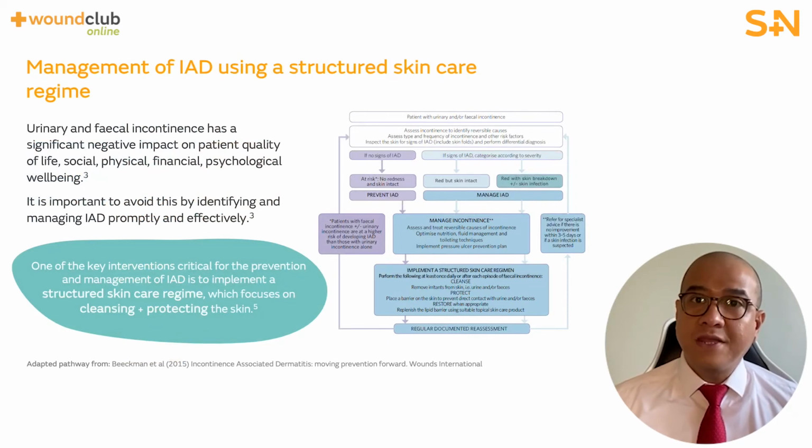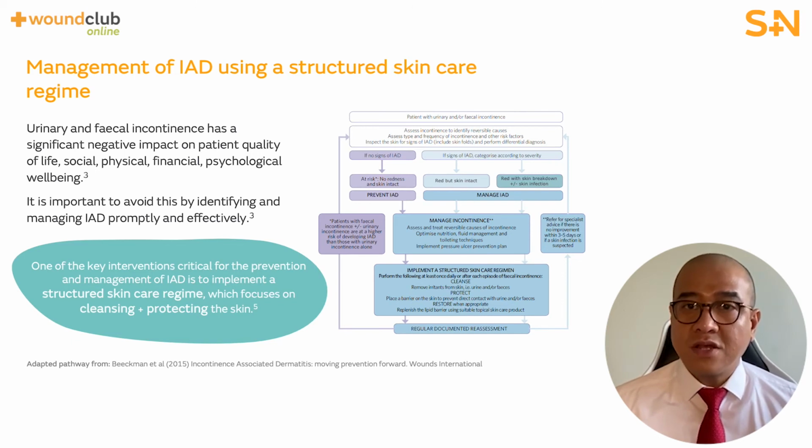To prevent and manage an IAD, there are two key interventions which are critical. So number one, manage incontinence to reduce or ideally eliminate skin contact from urine and or feces.